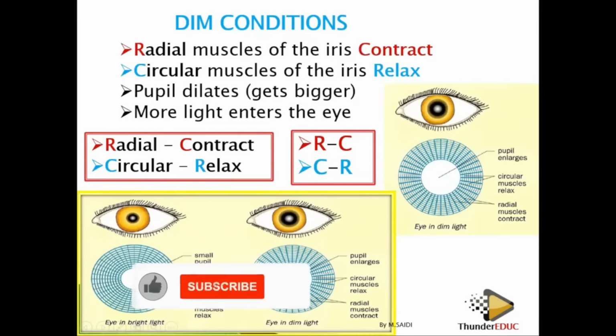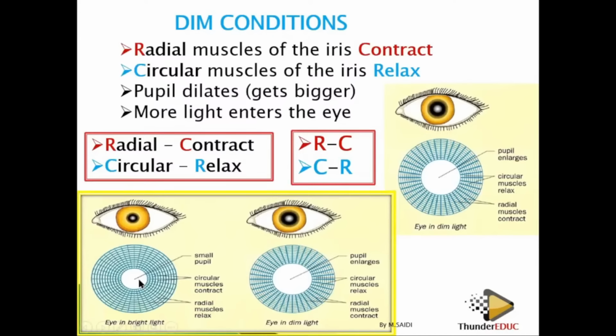The space where light is passing here is small compared to this. So I will say that this one has constricted while this one has dilated. So basically, that's what you need to know during dim and bright light. During dim light, more light enters the eye, while during bright light, less light enters the eye.